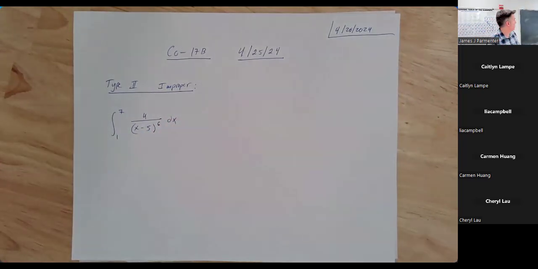First of all, we see that this is improper because the function that we're integrating is undefined where? At 5. And 5 is in the interval of integration. If this interval was from like 1 to 3, not improper. You just do it the normal way where you find the antiderivative, you plug in the endpoints and so on. But since the interval includes a place where that function is undefined, we have to use an improper integral setup.